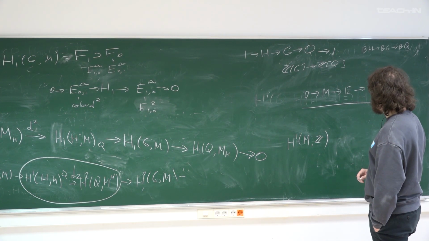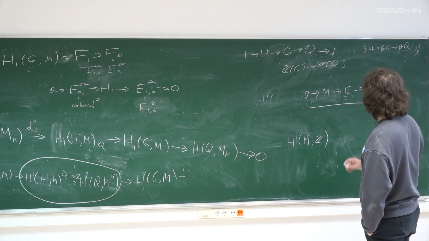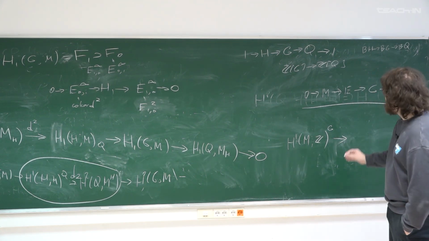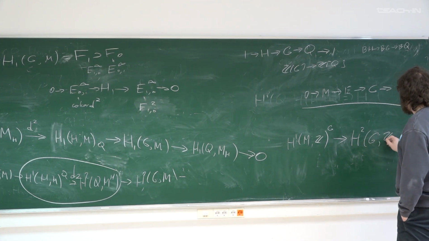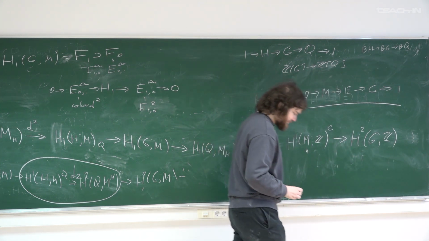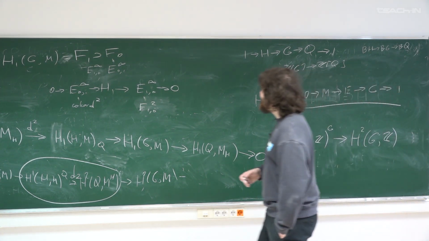Invariance under G, yes. Goes to the second cohomology of G with coefficients in Z. What is this? Now we know that, what is the first homology?